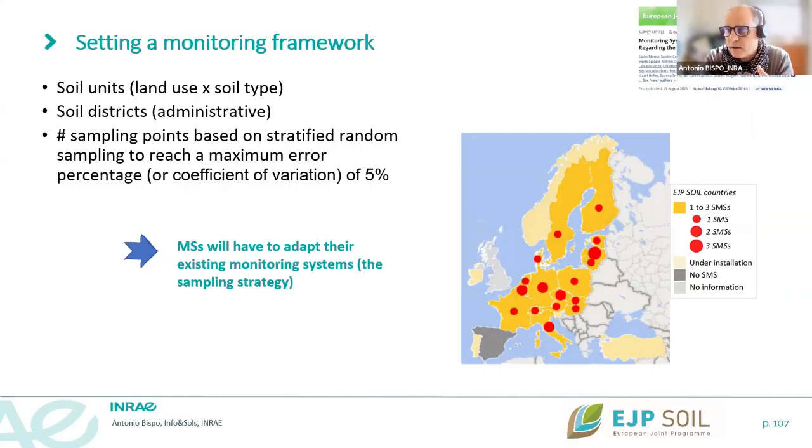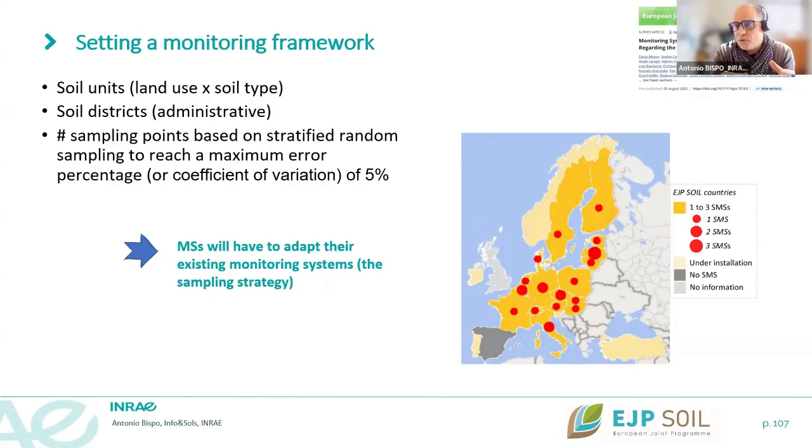We looked at the existing soil monitoring systems in Europe during the EJP soil program. We looked at existing monitoring networks, and as you can see in that picture, a lot of countries already have monitoring networks. Even countries have more than one monitoring network, because they may have a monitoring network for agricultural soils and another one for forest soils.